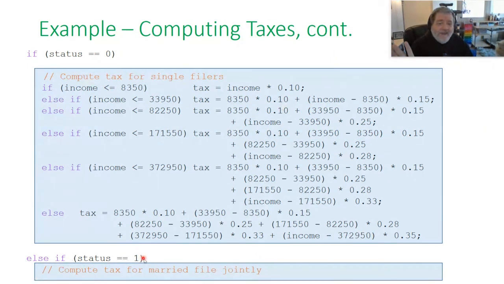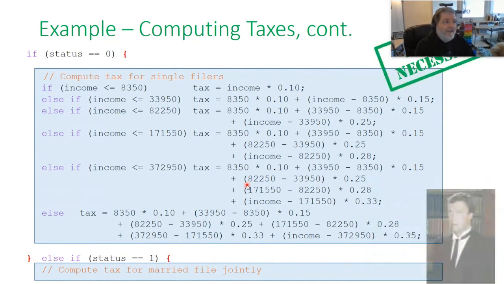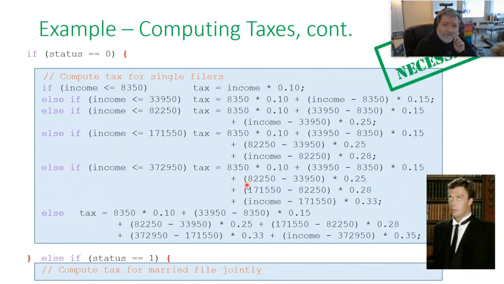Else, if you file married jointly, then you have a bunch of very similar code to compute your tax. And else, if you file married but separately, there's another case, etc. Besides the fact that we got rid of all the curly braces because we didn't need them, there was only one statement in every if or else part. This is very heavy to read.